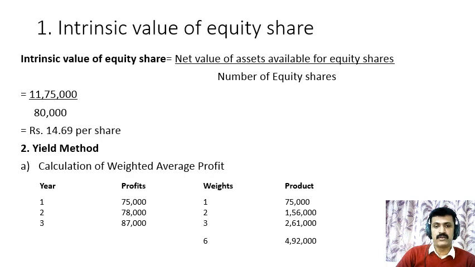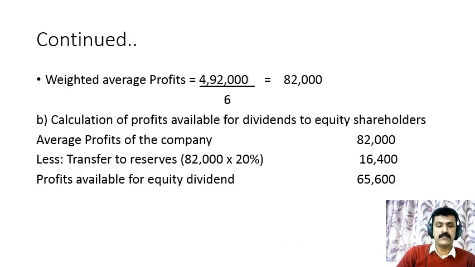So the total product will be 4,92,000 and the total weights are 6. With that, we can compute the weighted average profits. Total product 4,92,000 divided by total weight 6, we will get the average profits as rupees 82,000.